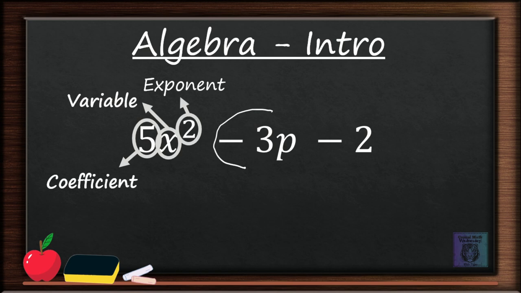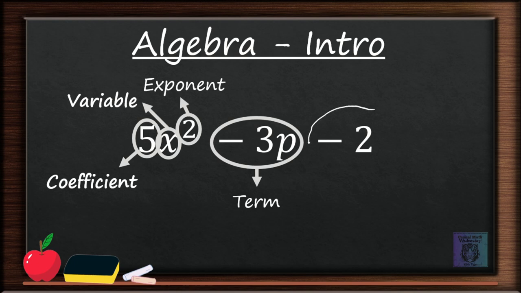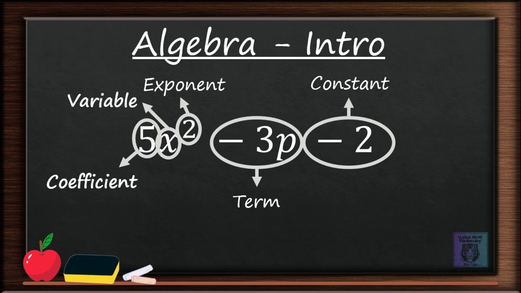If we circle this 3, this is a term, just as this here, the 5x to the power of 2, is a term. And what does it make this part of the equation? Well, this is the constant. So this is the constant in the formula.